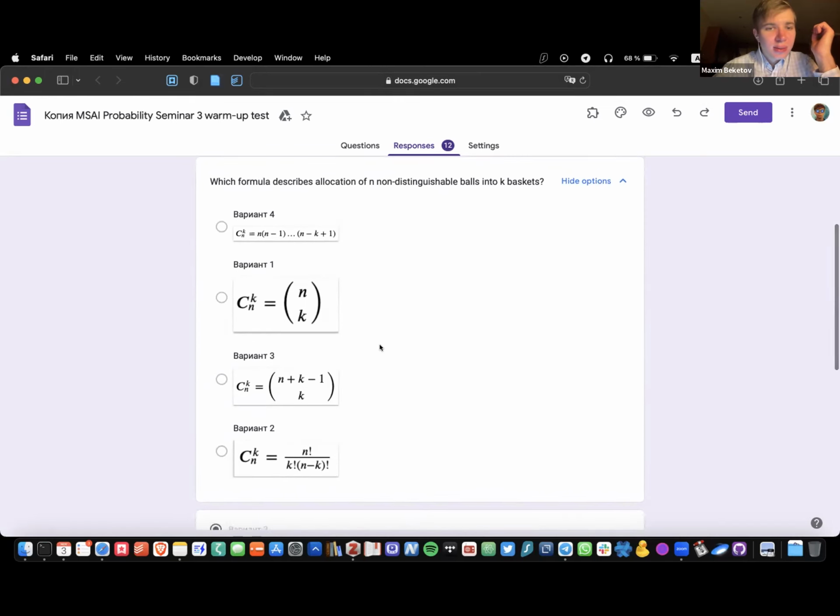They are all unique. If it was the binomial coefficient, we would be rather labeling. We would be just picking k balls out of n balls. So it's not that.